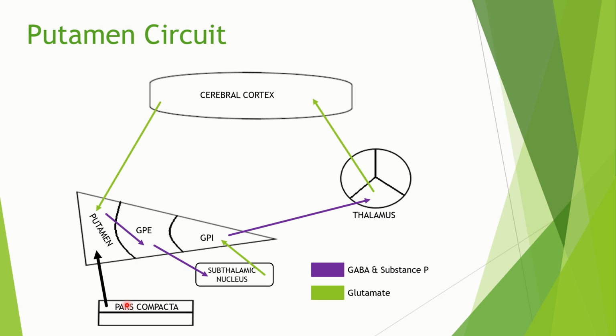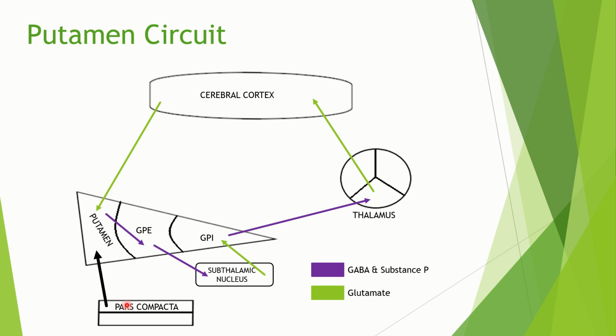If it binds to the D1 receptors, usually found in the direct pathway, then what is going to happen is stimulation. And if you have the D2 receptors in the indirect pathway being stimulated, then you're going to have an inhibition of the indirect pathway. Okay?